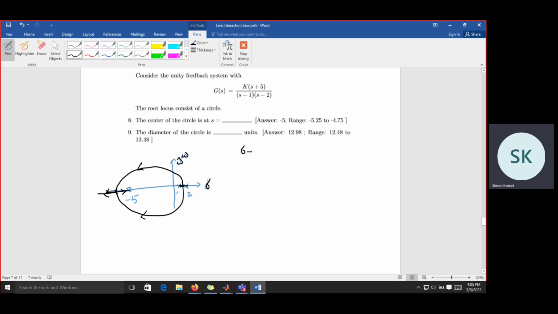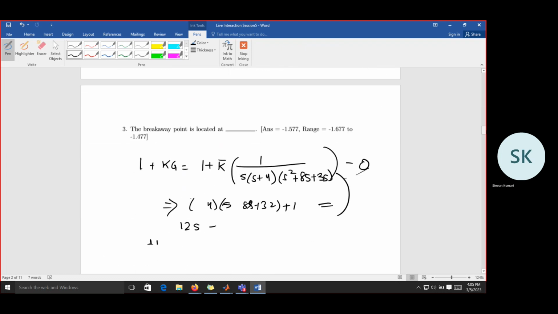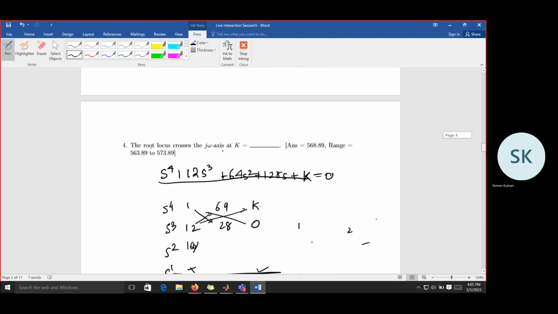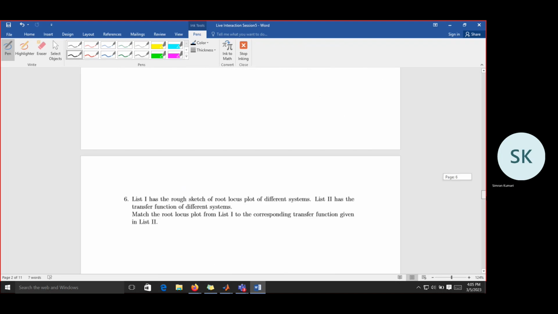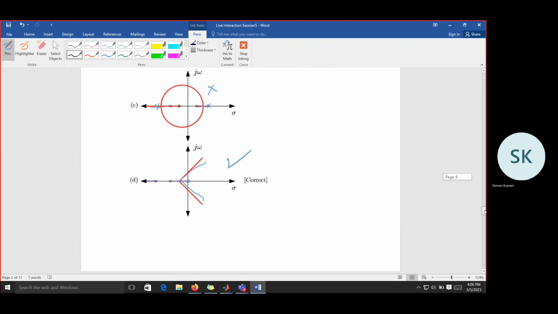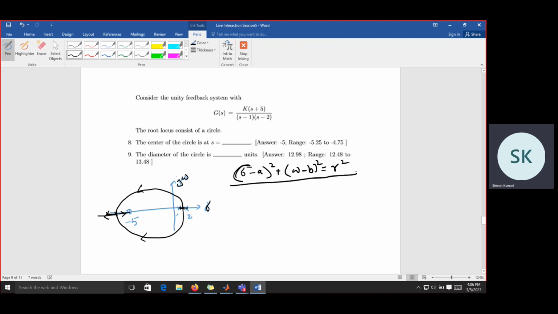It will be like (sigma minus a) whole square plus (omega minus b) whole square is equal to r square. So this will be the equation of a circle. We know this is the equation of a circle.